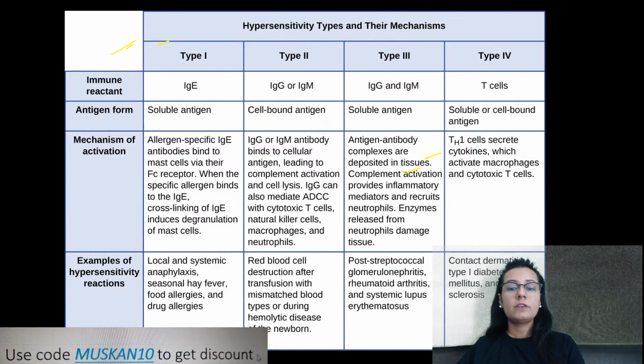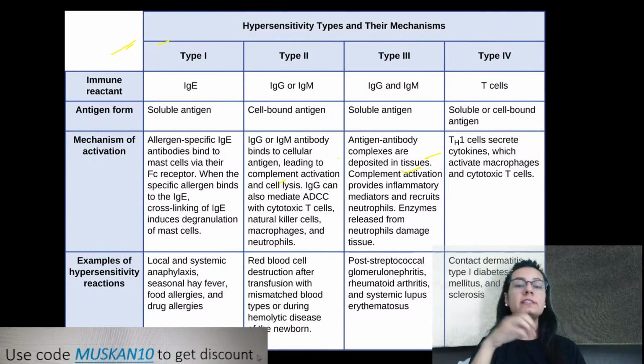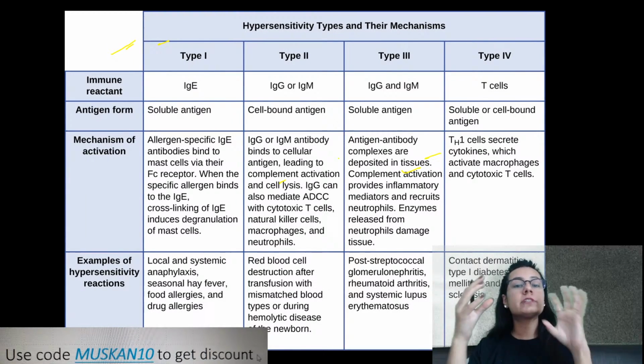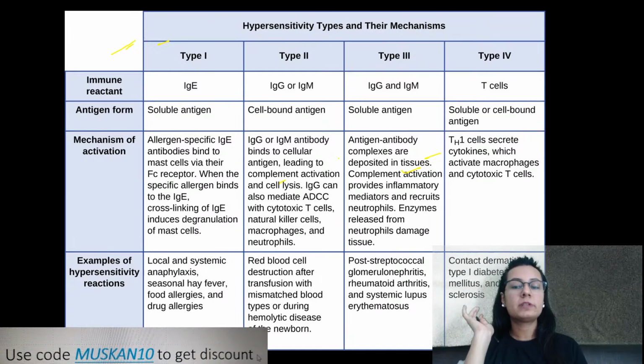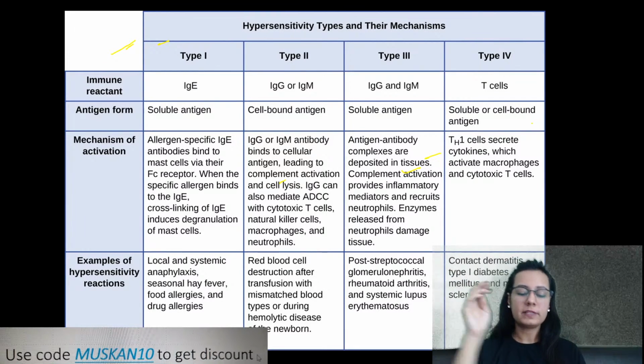Now antigen: type 1 it is a soluble antigen, that is extrinsic antigen that was coming to the body. Type 2 it is cell bound antigen. Why cell bound? Because we discussed that the extrinsic antigen that came first binds and attaches to our own cell, so our own cells start looking foreign to our antibodies, so it is cell bound antigen. Just remember this. Type 4 can have cell bound or soluble antigen, because in type 4 it was mainly not the antibody taking part, it was mainly the dendritic cell acting as the APC.